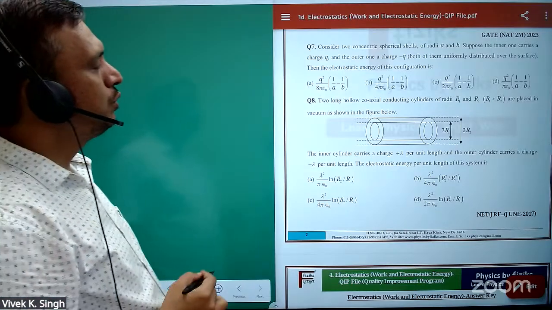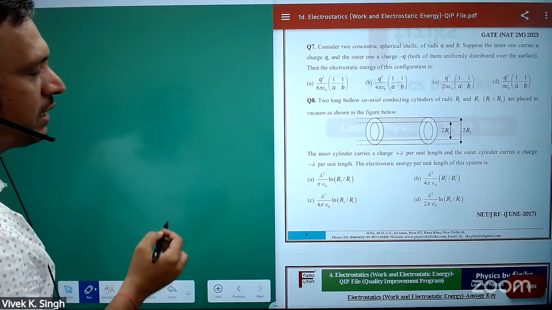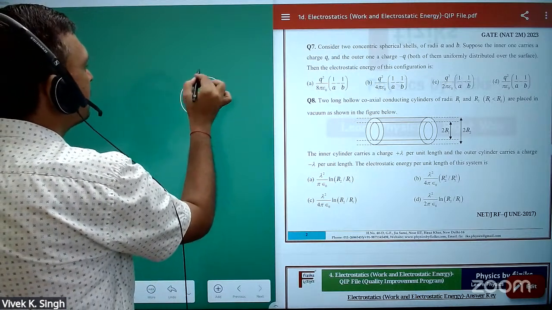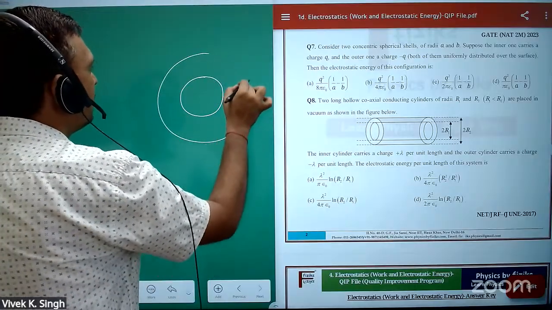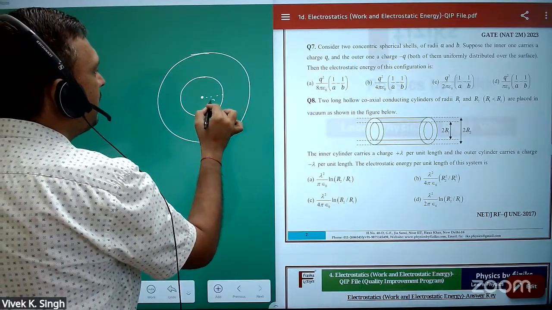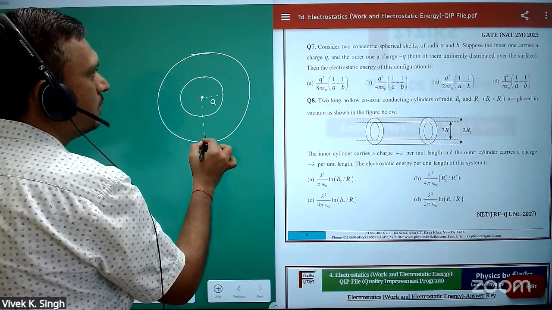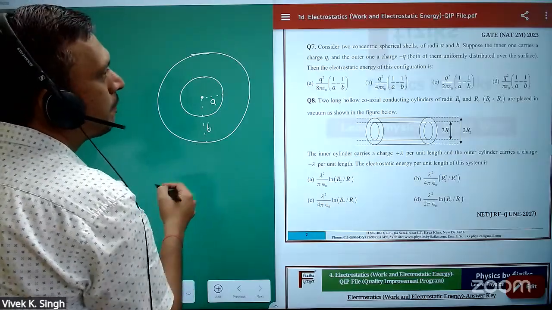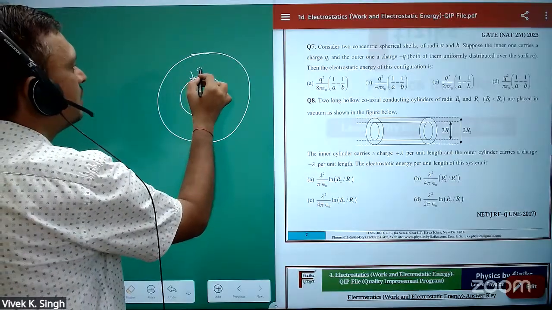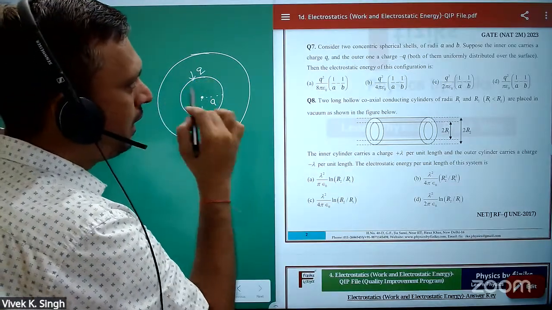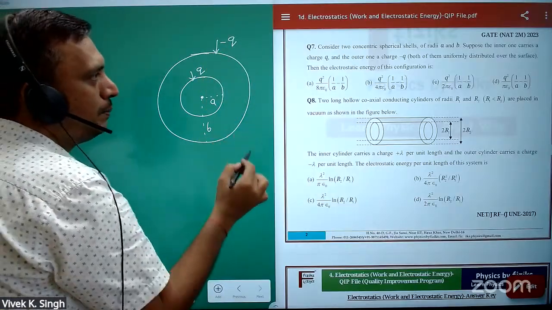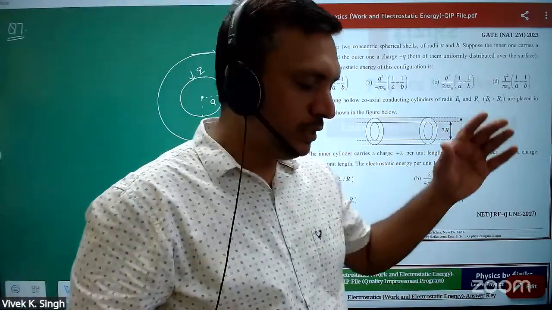So consider 2 concentric spherical shells. So what do you mean by concentric spherical shells? It's a thin spherical shell. So center is common, and this radius is A and this radius is B. Inner one carries charge Q, and outer one carries charge minus Q. Both of them are uniformly distributed over the surface.